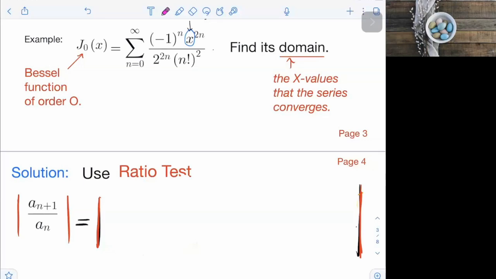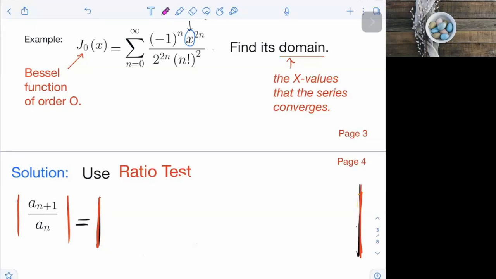I will get to this later. And then divided by a_n is multiplying by the reciprocal of this. So the 2 to the 2m power will go to the numerator, and the m factorial squared will go to the numerator, and x to the 2n will be in the denominator.